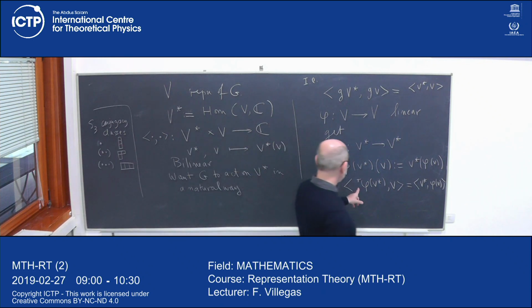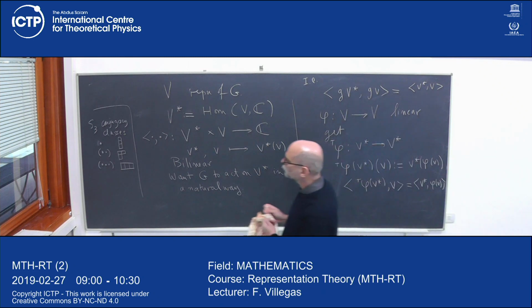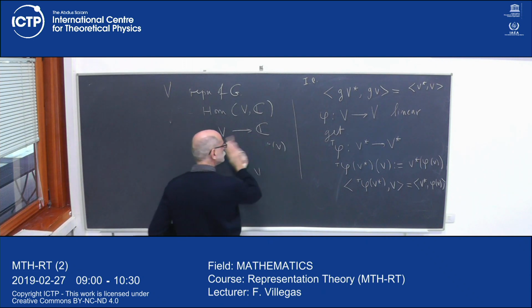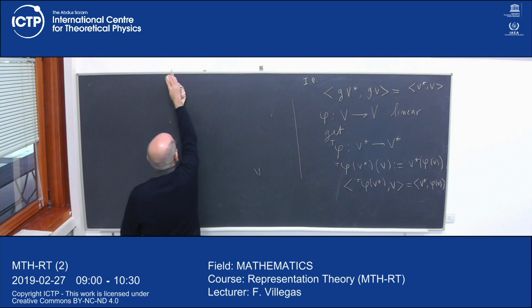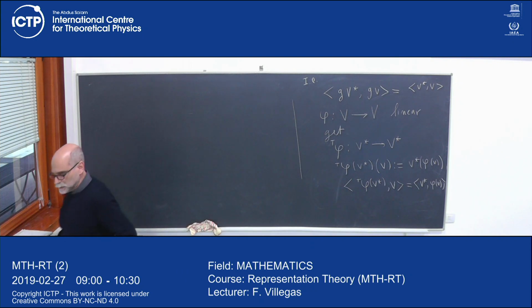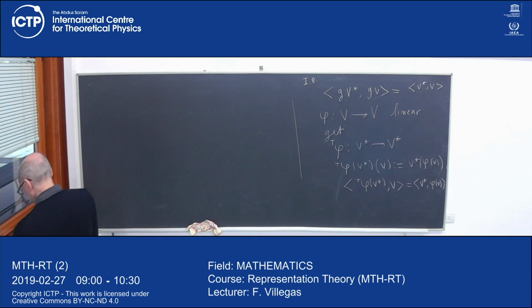If you have phi transpose on this side, you can pass it to the other side as phi and vice versa. If you pick a basis for the space V and you identify V dual using the dual basis, all of this will come out to be matrices and their transpose. Okay, but we can do it in this sort of formal way.